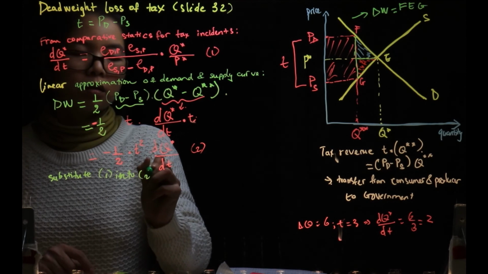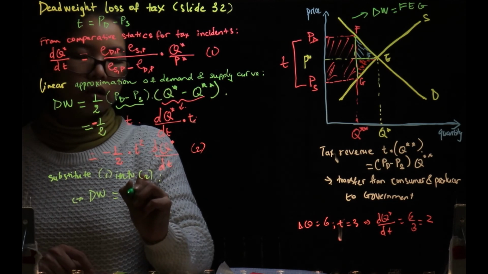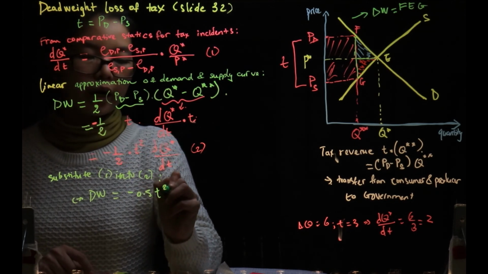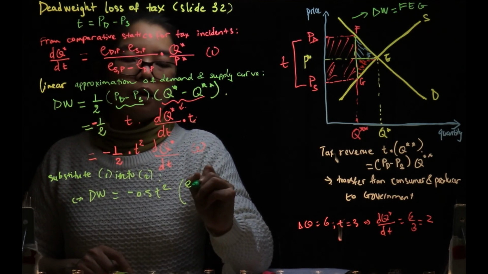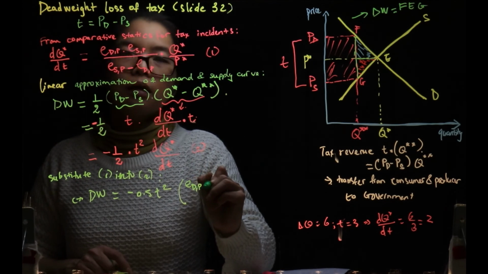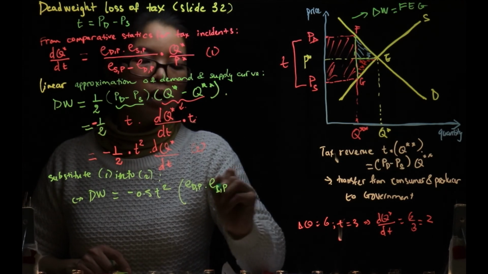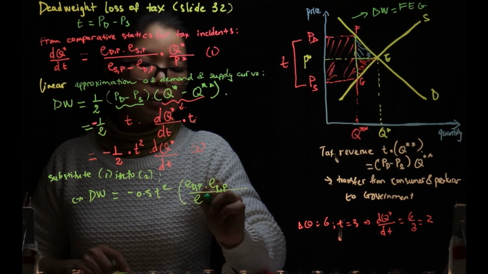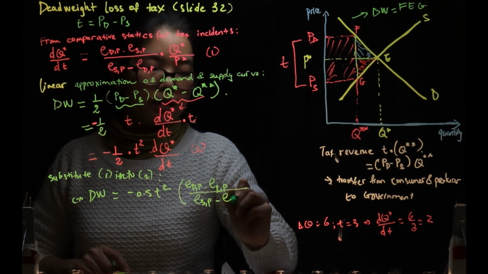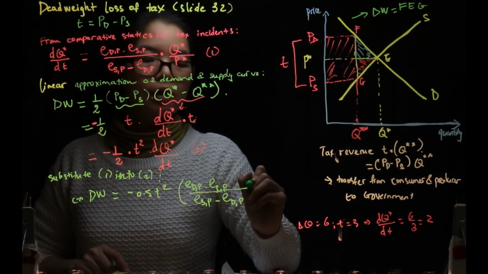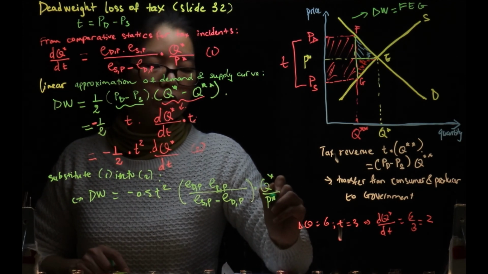Into, we will get dw equals minus 0.5 t square, bracket, overall price elasticity of demand times overall elasticity of supply, divided by overall price elasticity of supply minus overall elasticity of demand. Now, times Q star over P star.